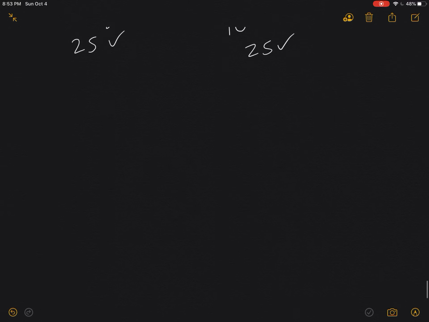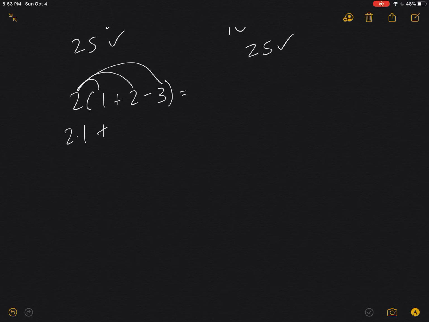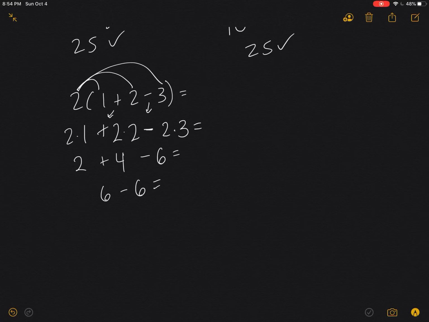And you can also do it with multiple numbers, like that. So I can distribute to all. It would be 2 times 1. I carry down my sign, the plus. 2 times 2, this time I'm carrying down a minus. 6, 0.